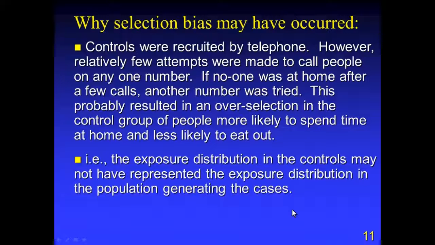So I suspect we probably over-selected people who were more likely to spend time at home and less likely to eat out. So the case group may have been just a very normal selection of people, with their eating out habits possibly reflective of the general population. But I think what we did, we over-recruited people who were more likely to stay at home, and this led to a bias and factors associated with eating out appearing to be risk factors.